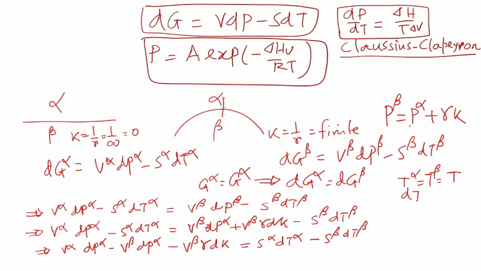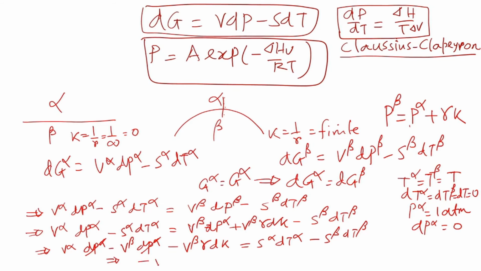So therefore, dT alpha equals dT beta equals dT. There is no change. And you can always assume one more thing for simplicity, P alpha is 1 atmosphere. So dP alpha is also equal to 0, right? Okay. So the dP alpha terms go to 0, correct?